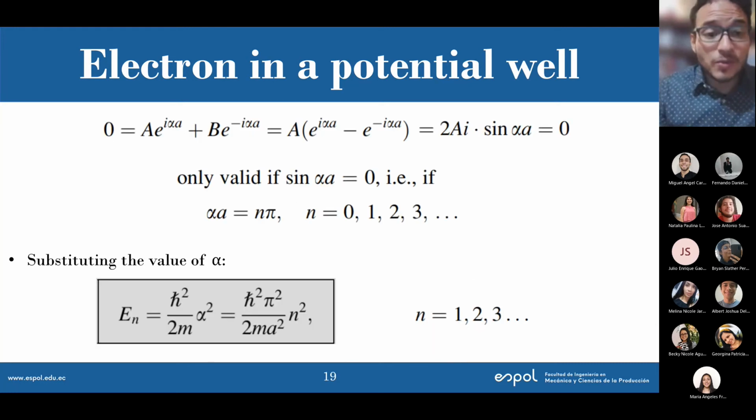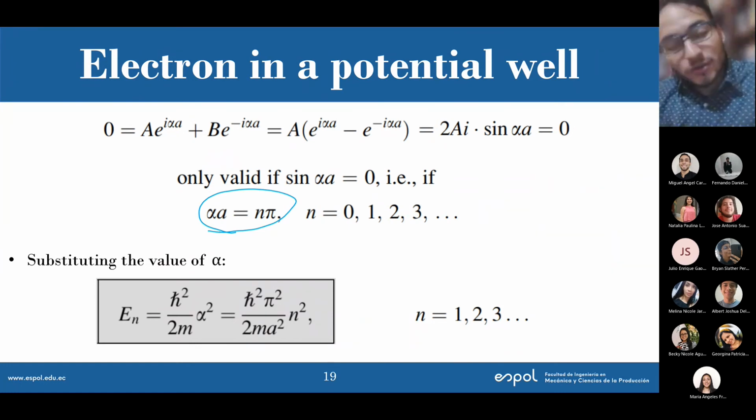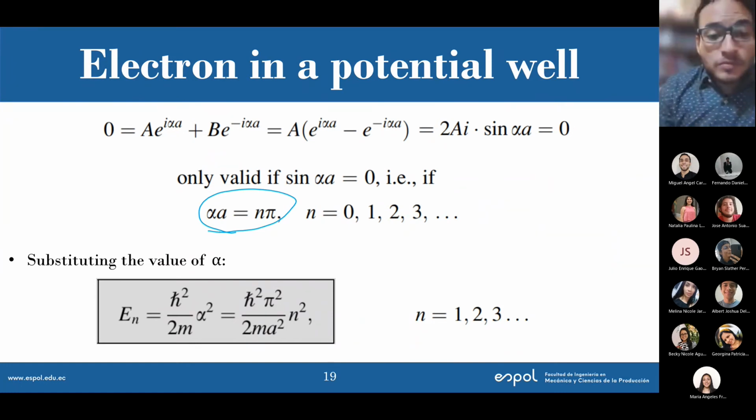So this is what we see now. This is going to be valid only if the sine of alpha times a is equal to 0. That means alpha times a is equal to n times pi. So that means n can be only 0, 1, 2, 3.